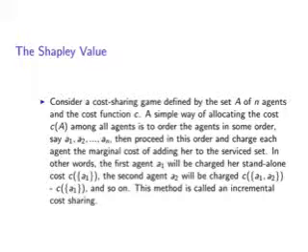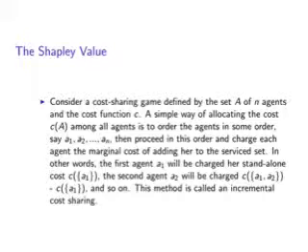In other words, the first agent A1 will be charged her standalone cost C of the singleton set {A1}. The second agent A2 will be charged the cost C of the set {A1, A2} minus C of the singleton {A1}, and so on. This method is called incremental cost sharing.